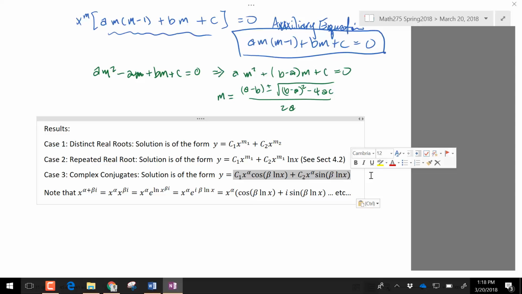So I guess the work is shown here for cases 1 and 3, and so for case 2, you just need to second order.